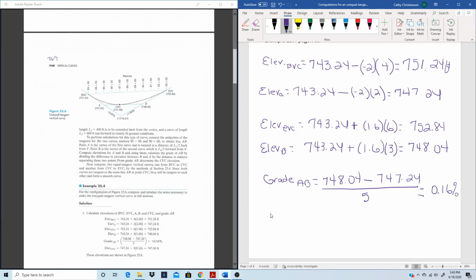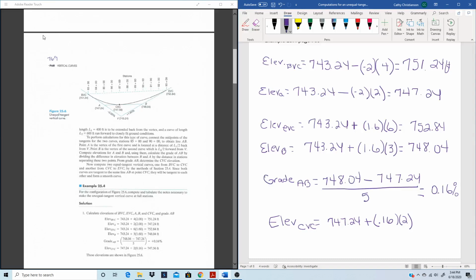Then now we need to get the elevation for our CVC station. And so that's the elevation where the two curves come together. So this time we're going to do our elevation from the elevation A, which is 747.24, and we're going to say plus our grade, which is 1.6, times 2.